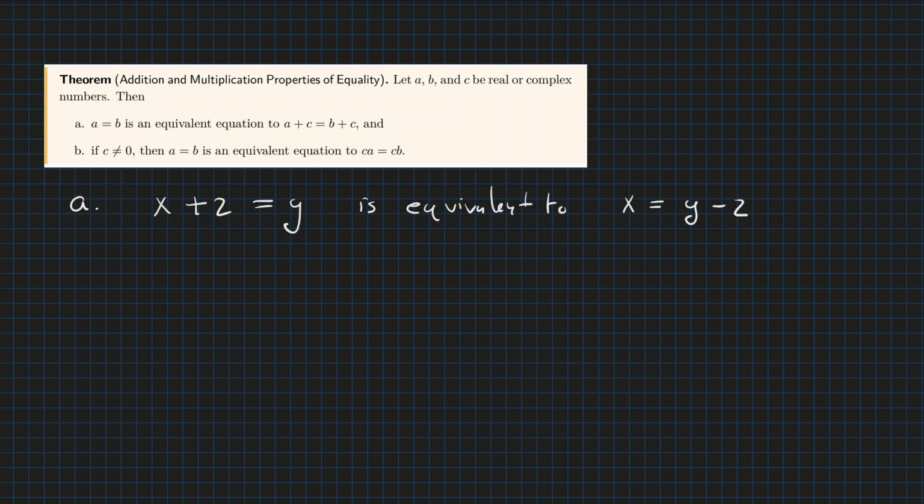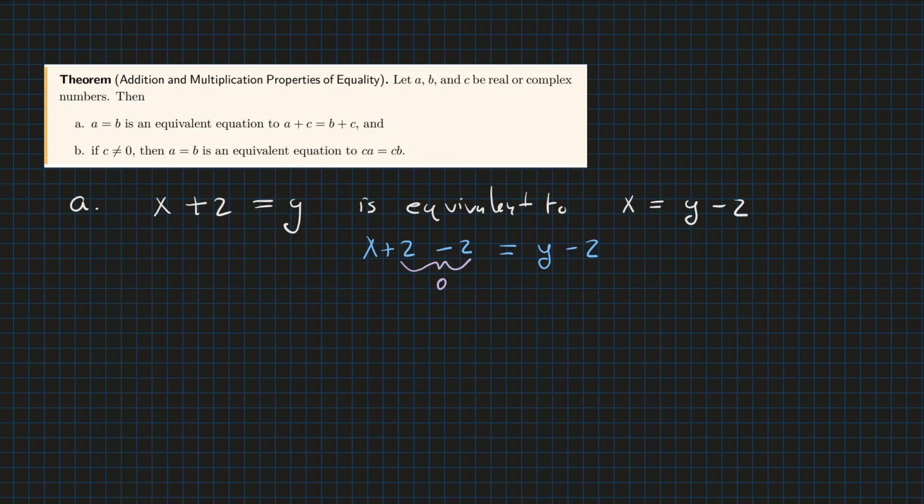You subtract 2 from both sides. The intermediate step here would be x plus 2 minus 2 is equal to y minus 2. And then you'll see that the plus 2 and minus 2 collapse down to 0. So you can get some equivalencies going on there.